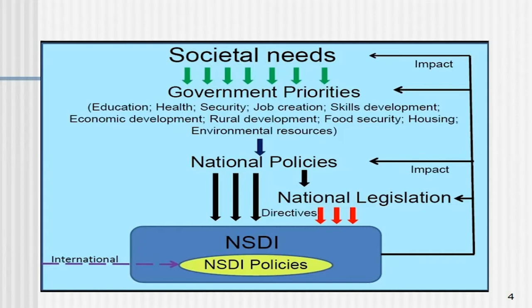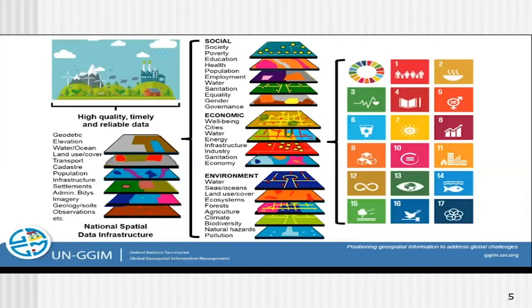For this, we need appropriate national legislation and to take into consideration what is also available in the international arena. High quality, timely, and reliable data is the characteristic of the national spatial data infrastructure.